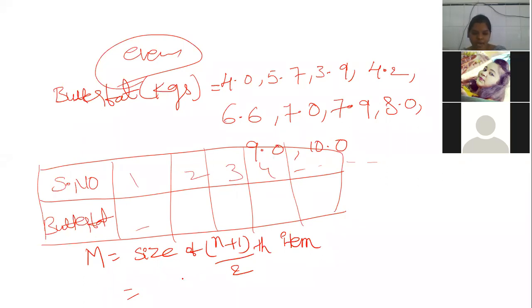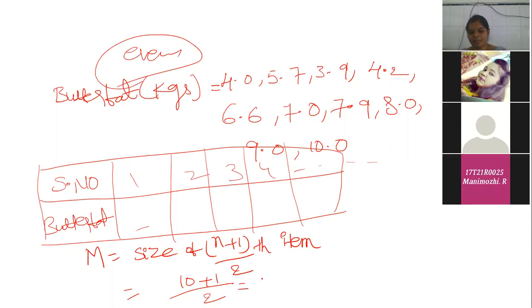It will be 10, right? 10 plus 1 by 2 is 5.5. Write it down: the 5.5th item. So here you need to find the size of the 5.5th item.